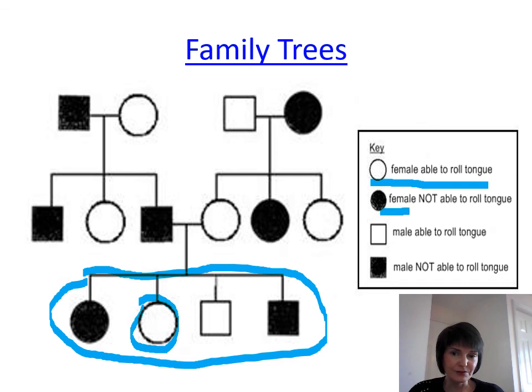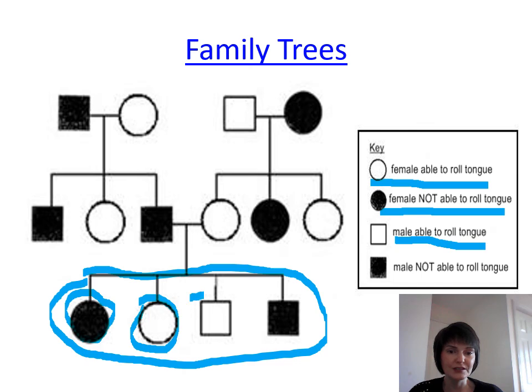Female, not able to roll your tongue, that's you here. Male, able to roll your tongue, that's you here. And male, not able to roll your tongue, that's you here.